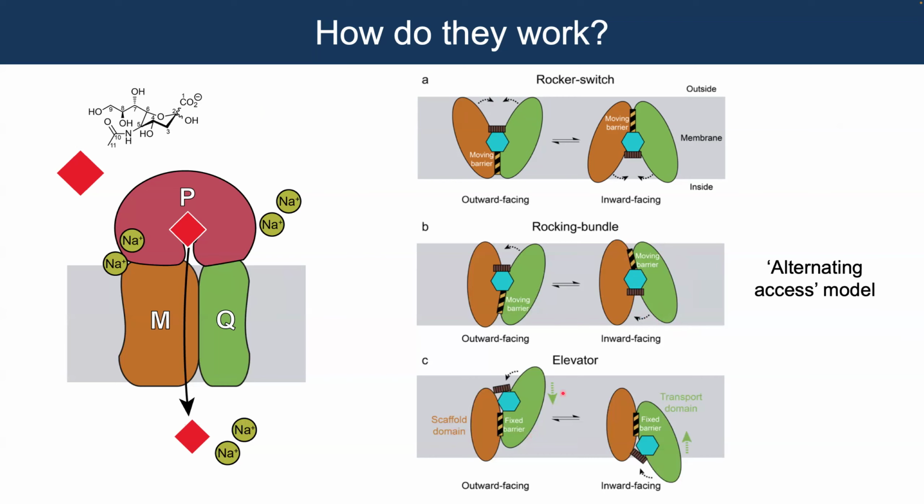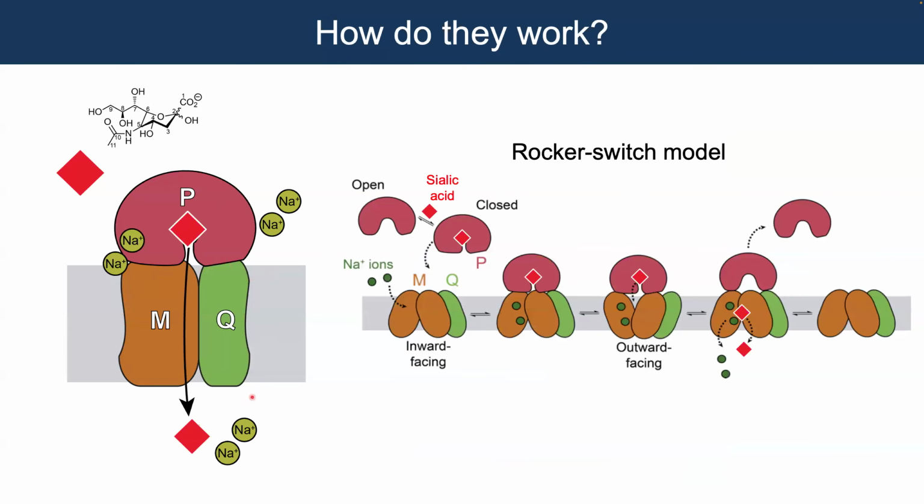This is the elevator. I'm guessing from the title that you'll know which one it is, but back when we started this project, we knew that it was a sodium transporter. We knew that the P subunit was important for function. We didn't know anything about the membrane protein domain and how that worked. And so our hypothesis back in 2017 was that it was a rocker switch model. And this was perfectly sensible.